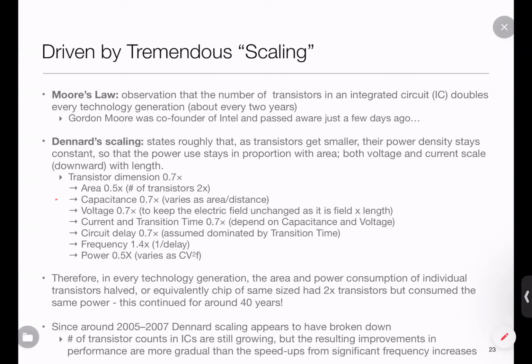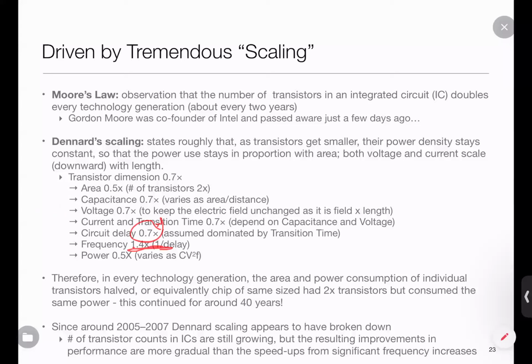So then it says, to keep the electric field the same, and electric field is voltage divided by the distance, voltage will have to shrink by 0.7, and then current and the speed of the transistor the same way. Circuit delay therefore becomes 0.7. Therefore, frequency goes up 40%, 1.4 times.